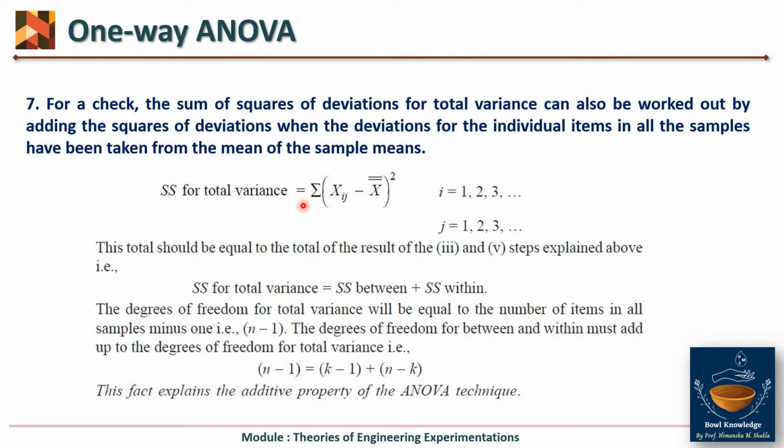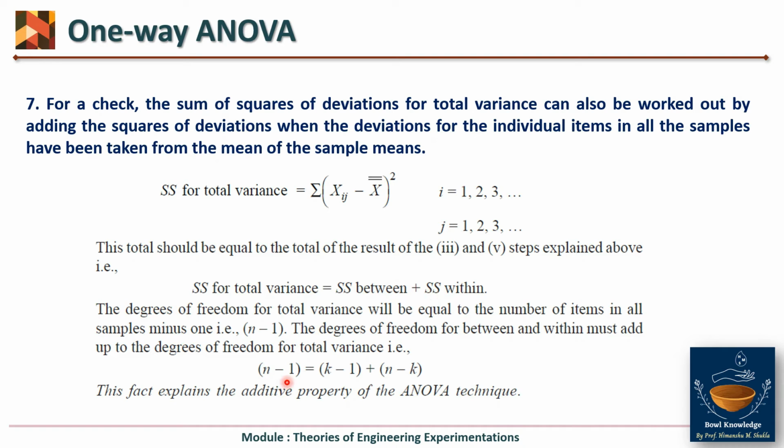Otherwise, if you have calculated it during step number 3 and step number 5, you can simply add them. You need not remember or understand this formula, just add your SS between, that is the sum of squares of variance between samples, plus SS within, which precisely means the outputs of your step number 3 and step number 5. Similarly, degrees of freedom can also be added.